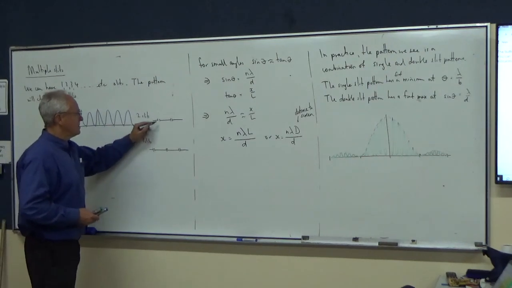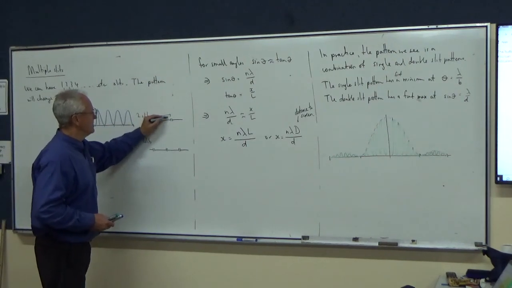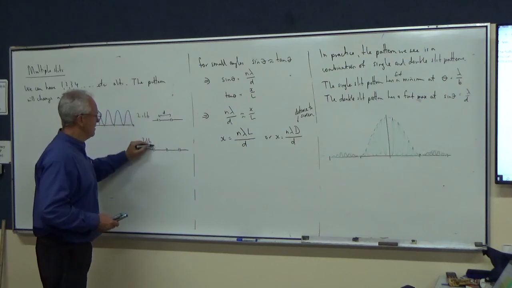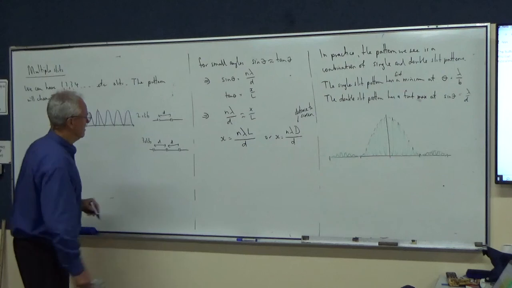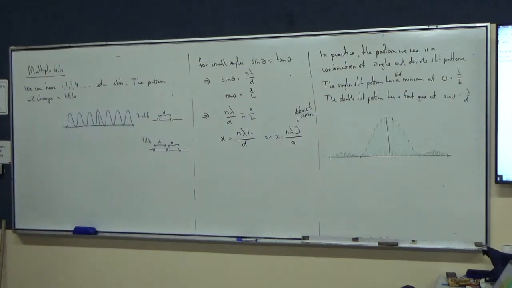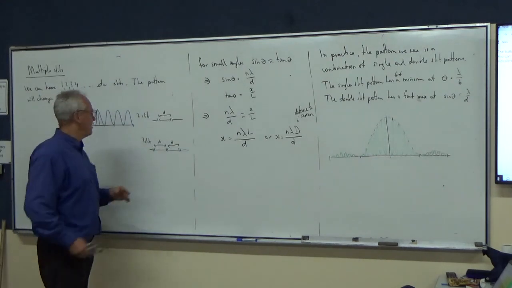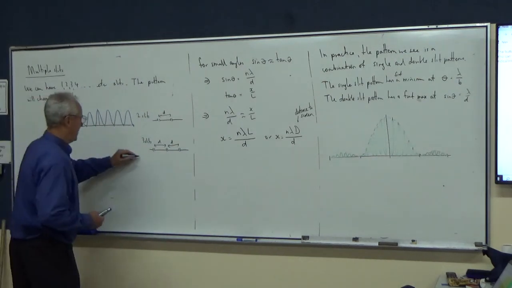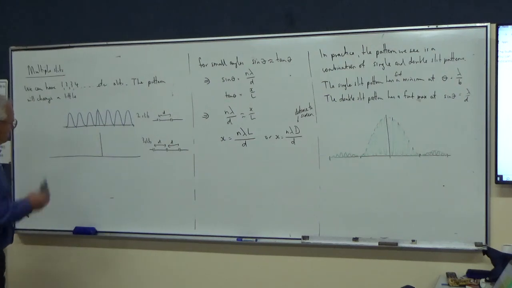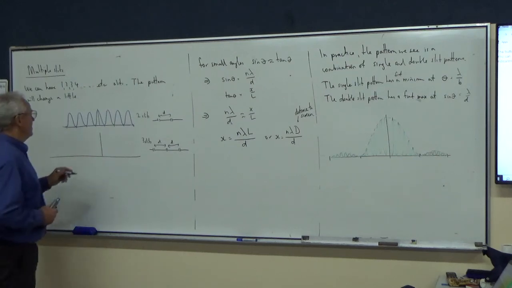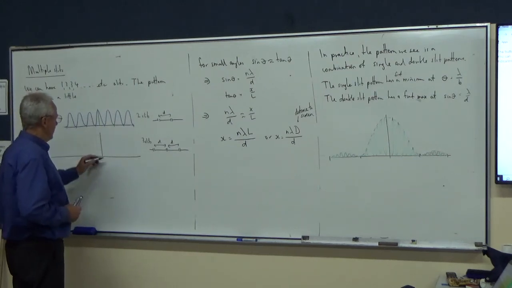But if I've got that same distance there, so this is D, this is D, and this is D, we still get cancellation at the same points. So our pattern, and we'll summarise this shortly, is still going to be exactly the same, except, so our minima are in the same place.